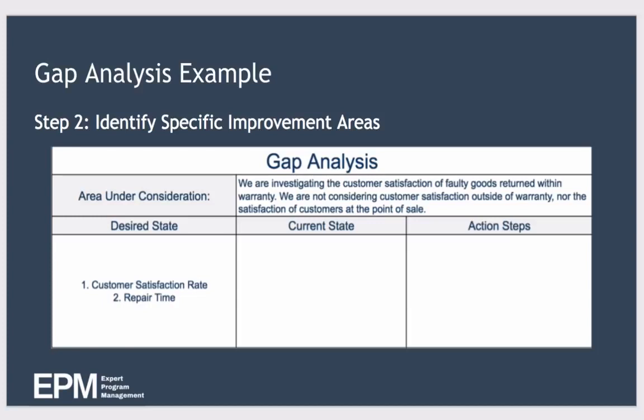For the purposes of our example, we identify 2 specific areas we want to improve. Firstly, customer satisfaction rate, that is the percentage of customers that are satisfied with the service they receive, and repair time, and that's the total time it takes to repair the faulty product and return it to the customer. So we update our gap analysis to reflect this.